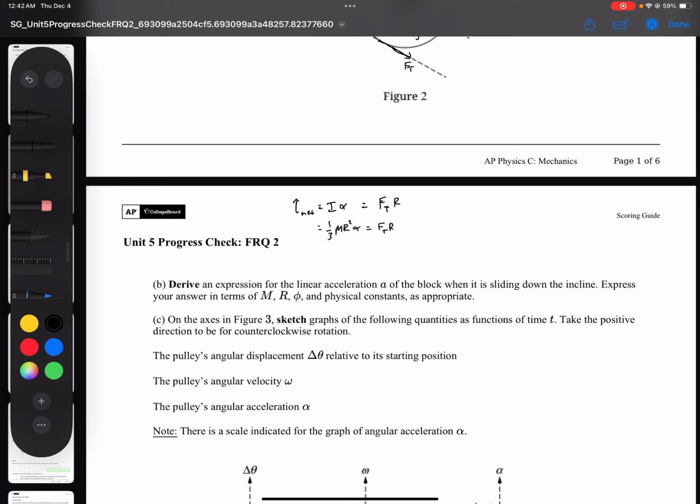Something else I can do is relate the angular acceleration of the pulley with the tangential acceleration at the bottom.